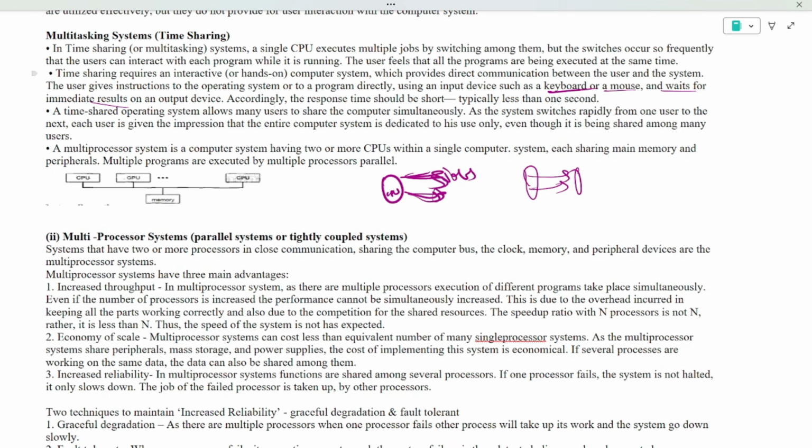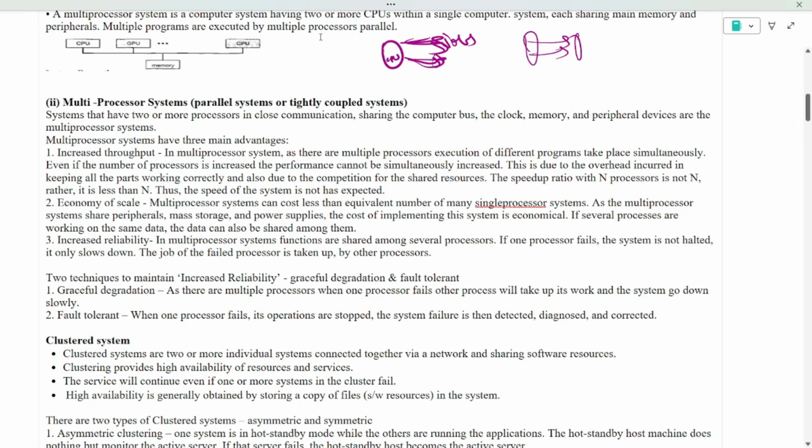And next is the multiprocessor system. As we said, it is a computer system that has two or more CPUs within a single computer, sharing main memory and peripherals, working in parallel. You can see here a CPU, here a GPU, and here a CPU, all connected to the common memory. Multiprocessor means having two or more CPUs within a single computer.